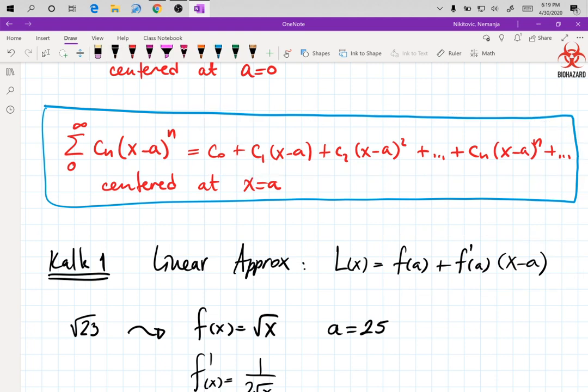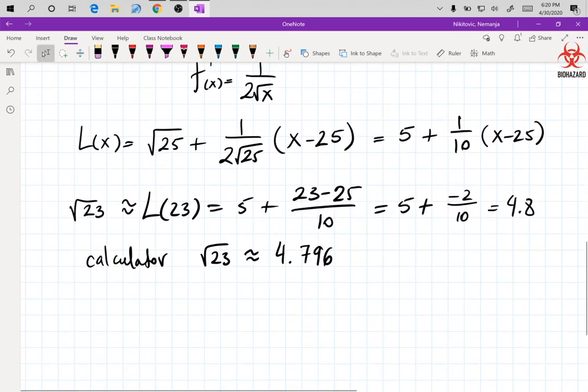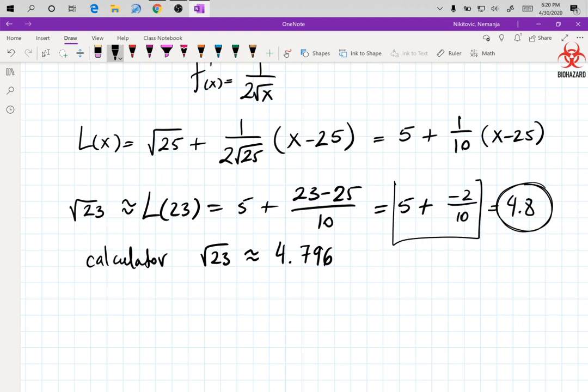That's why I would say this is a two-term approximation. It only used two terms, and it got pretty close, right? I mean, if this 6 bumps that up, then it's the same, if you round it that way. But see, this number worked out to be a round number from this calculation. We know that the square root of 23 is not exactly 4.8. I mean, go 4.8 squared, and you will see that you are not getting 25 or 23, right?